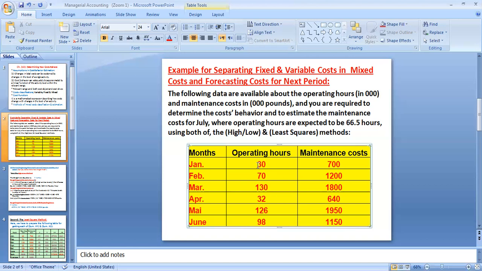Shall I begin choosing the high and low? I want to solve it now by the high-low method, then the least square. The high and low number of hours, or the high and low maintenance cost? If you begin by maintenance cost, you are mistaken, because costs means money, and money is subject to rising and going down for inflation and depletion.